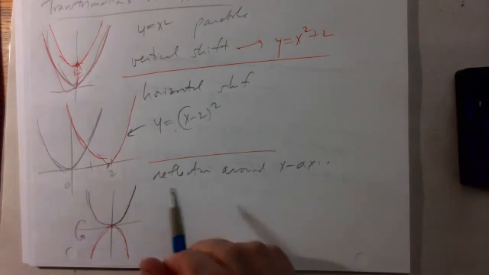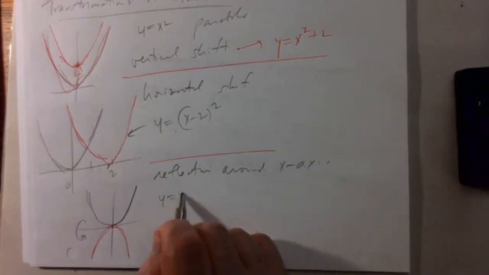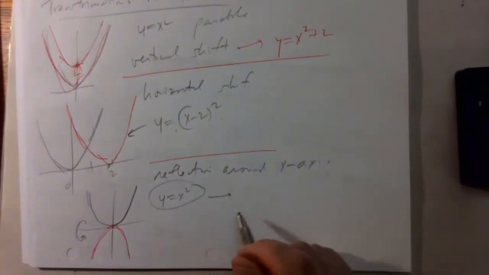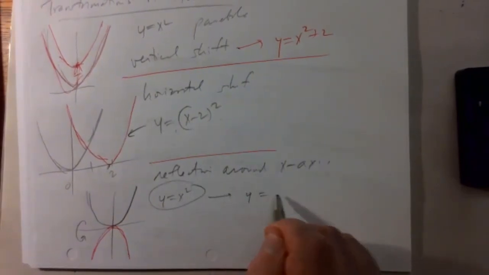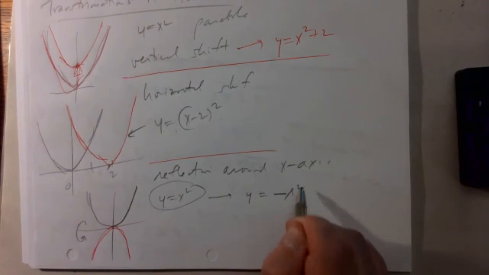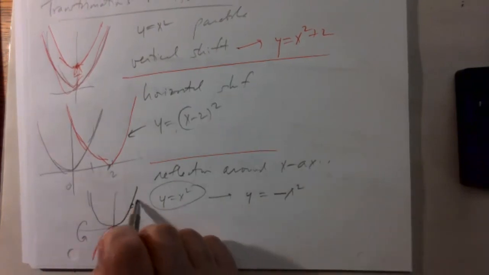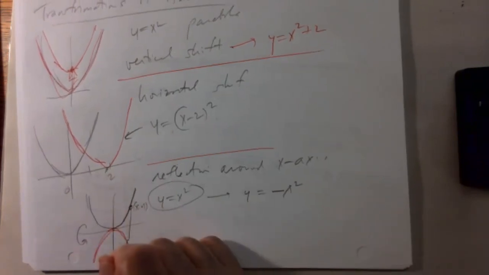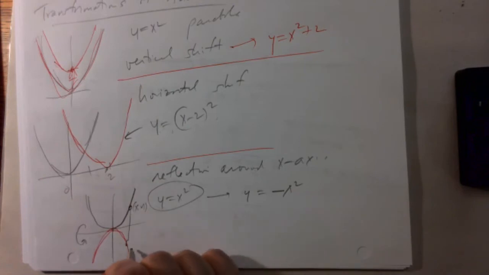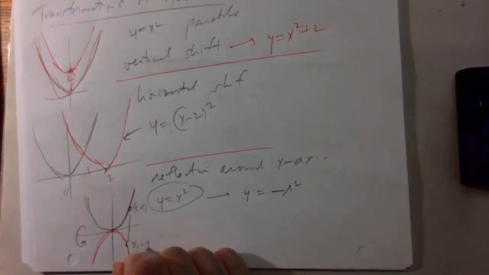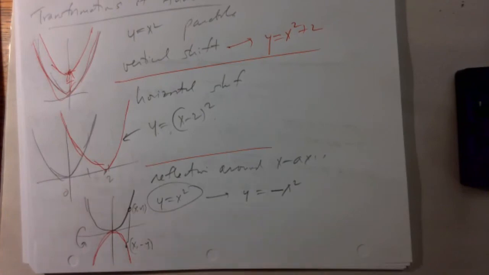And so from the parabola y equals x squared, when you reflect it, it's y equals minus x squared. Right? The point (x, y) goes to the point (x, minus y). That's reflection around the x-axis.